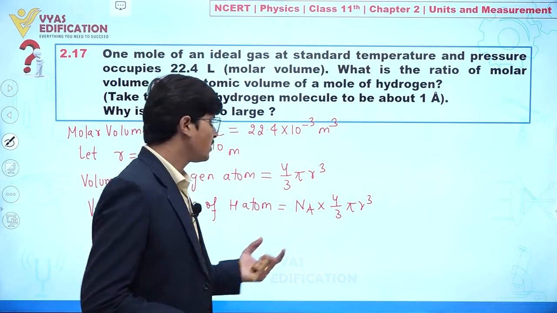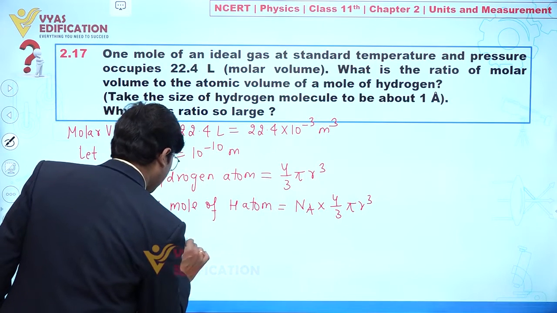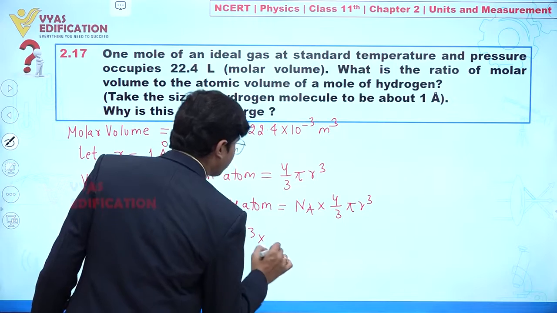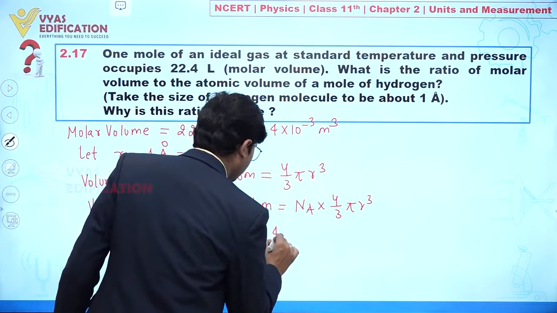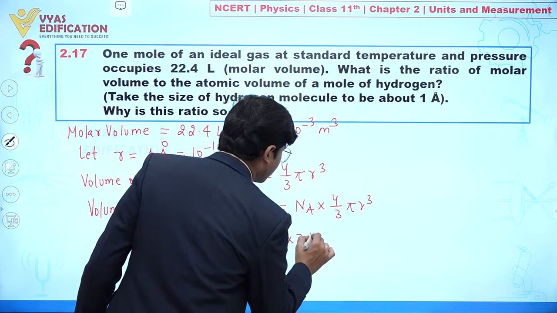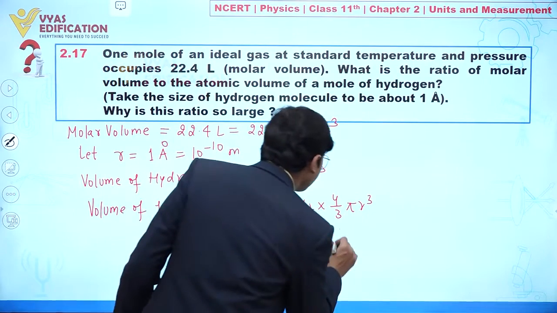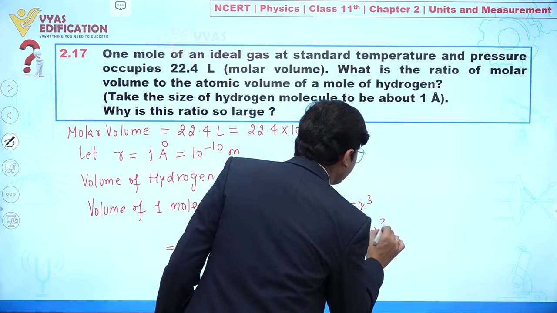Na is the Avogadro number. So we can write 6.023 into 10 to the power 23, multiplied by 4 by 3, multiplied by 3.14, and the radius of hydrogen atom is 10 to the power minus 10, so 10 to the power minus 10 whole cube.